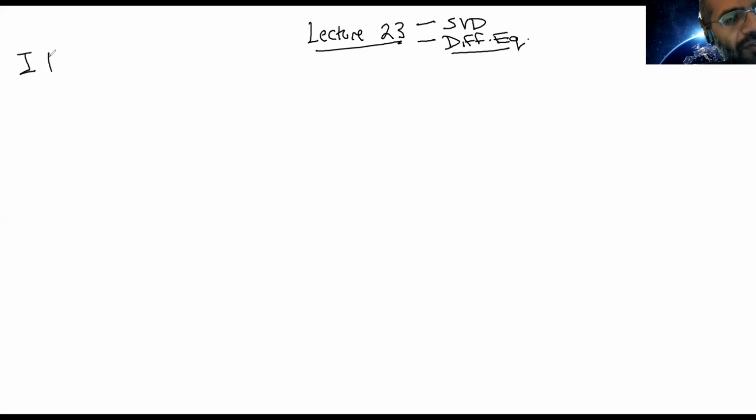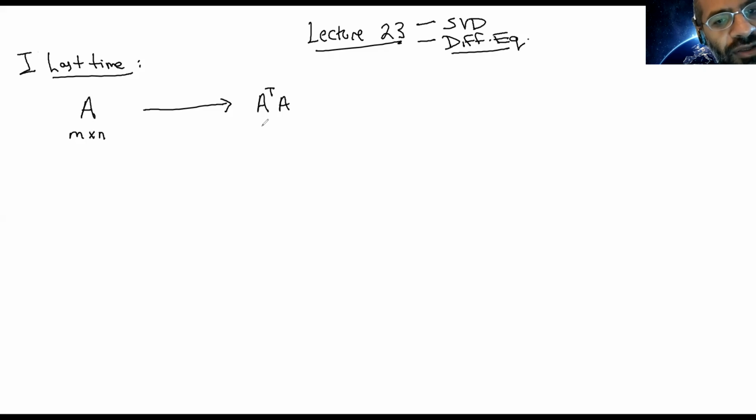So what did we do last time? Well, last time we did the SVD, which is the following decomposition. Given any m by n matrix, you can consider the n by n matrix A transpose A, which is symmetric.